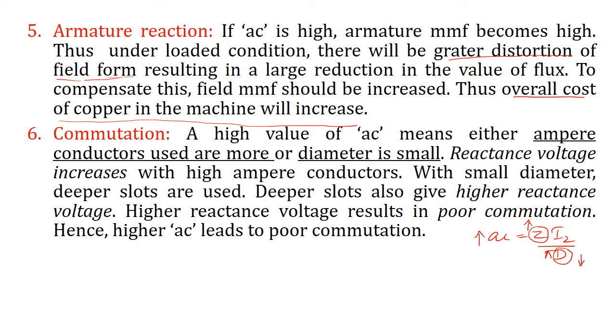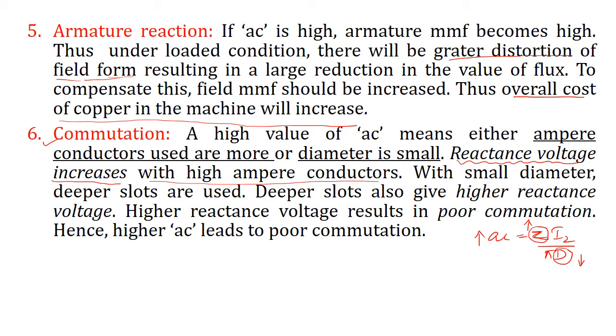Let's consider both the cases. First, let's see what is the reason for poor commutation. If there is a poor commutation, that means the value of reactance voltage is high. If the value of number of conductors Z is high, then the reactance voltage increases, which leads to poor commutation.